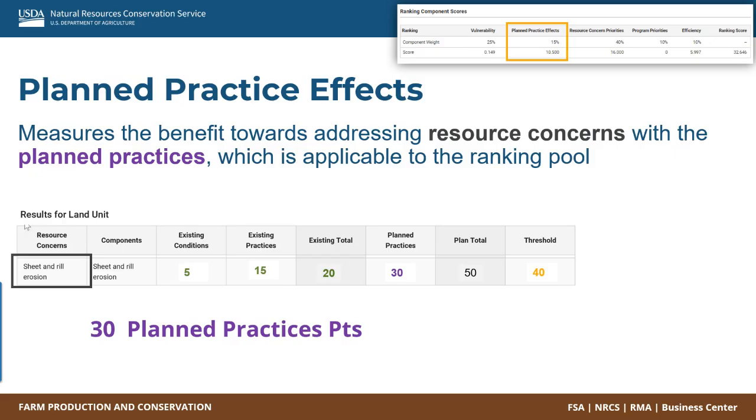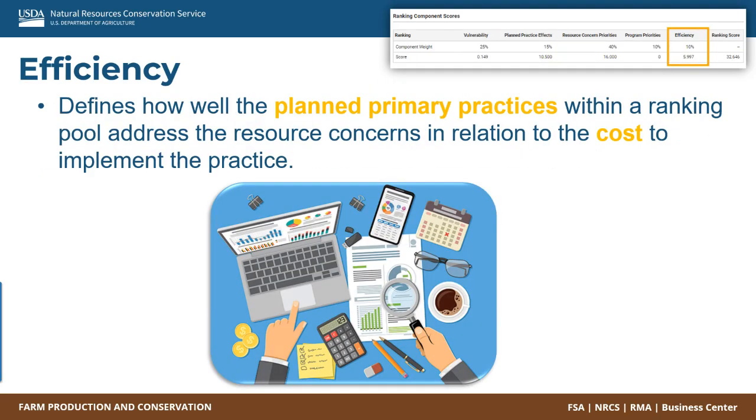So in this case, we have 30 plan practice points that are going to address sheet and rill erosion. Again, those 30 practice points that are in the assessment based on maybe you did some cover crops, maybe we did some terraces, and those combined have a value of 30 points. As they carry forward into ranking, those 30 points will again become one of those categories of the 5 ranking factors. And then lastly, efficiency.